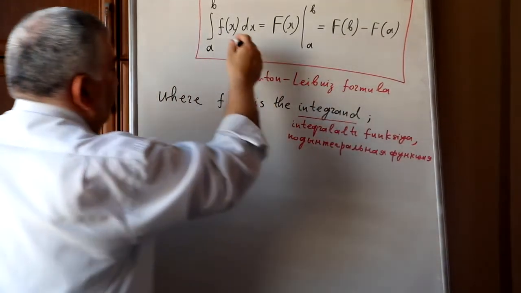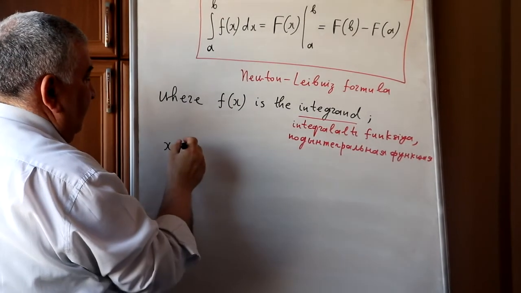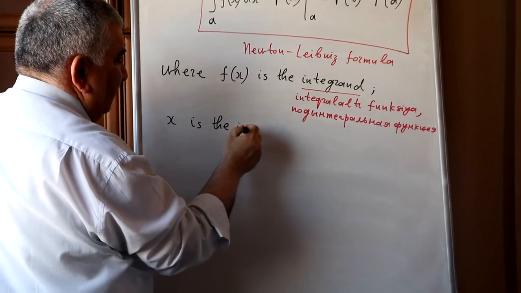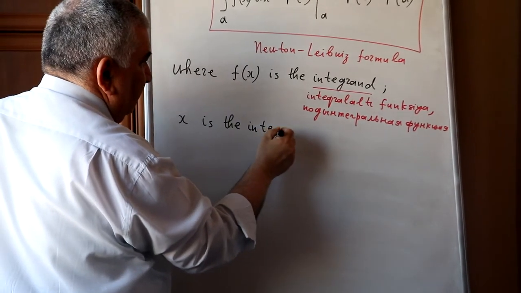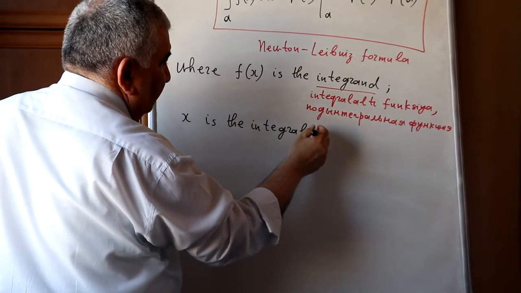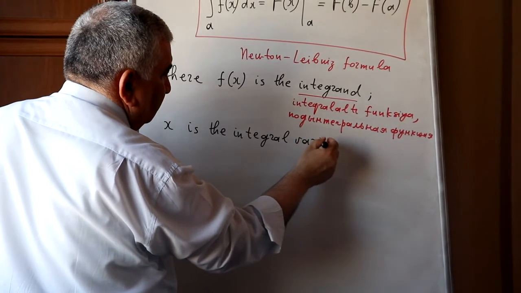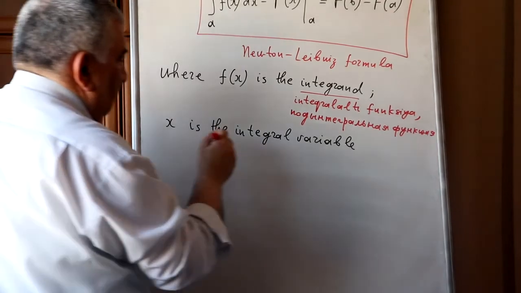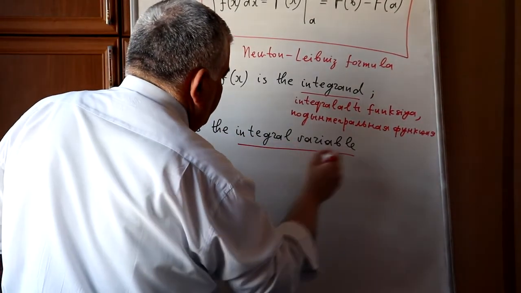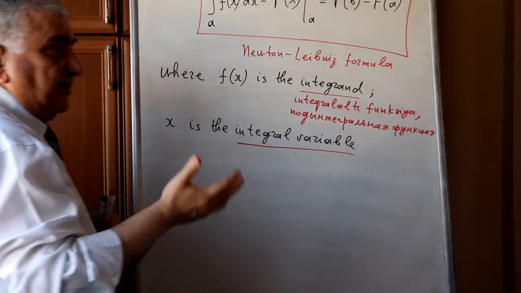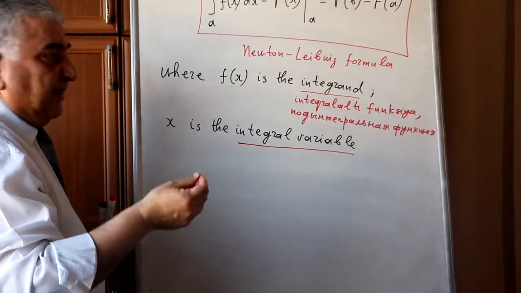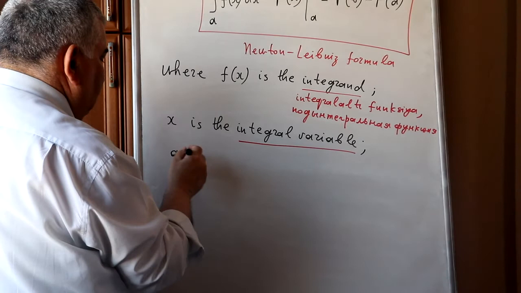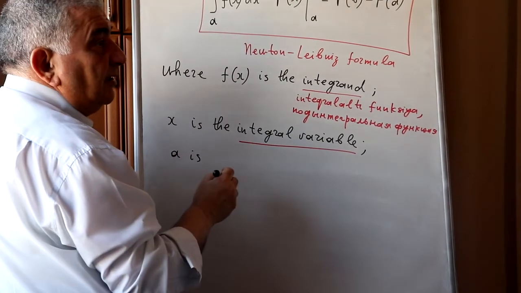Then x is the integral variable. Integral variable, интегральная переменная. A is the lower integral limit.